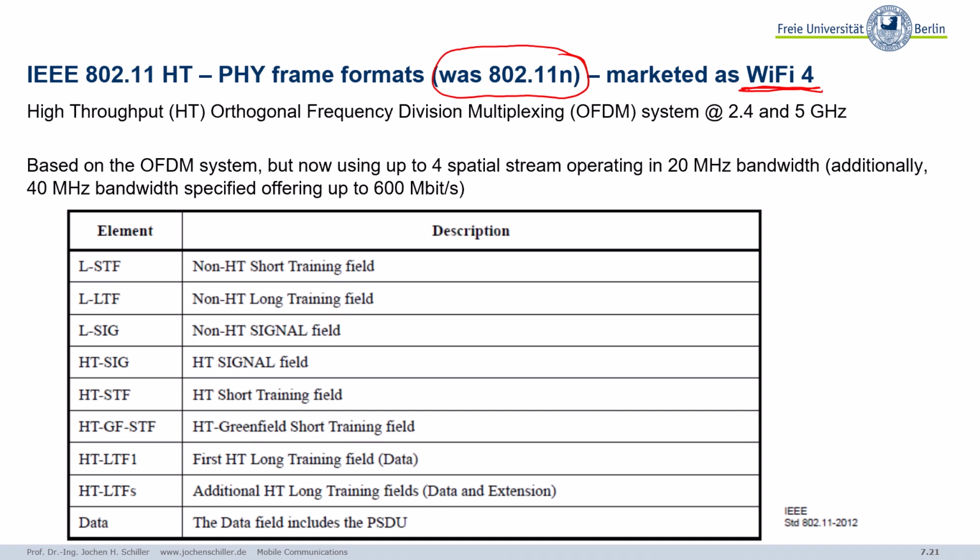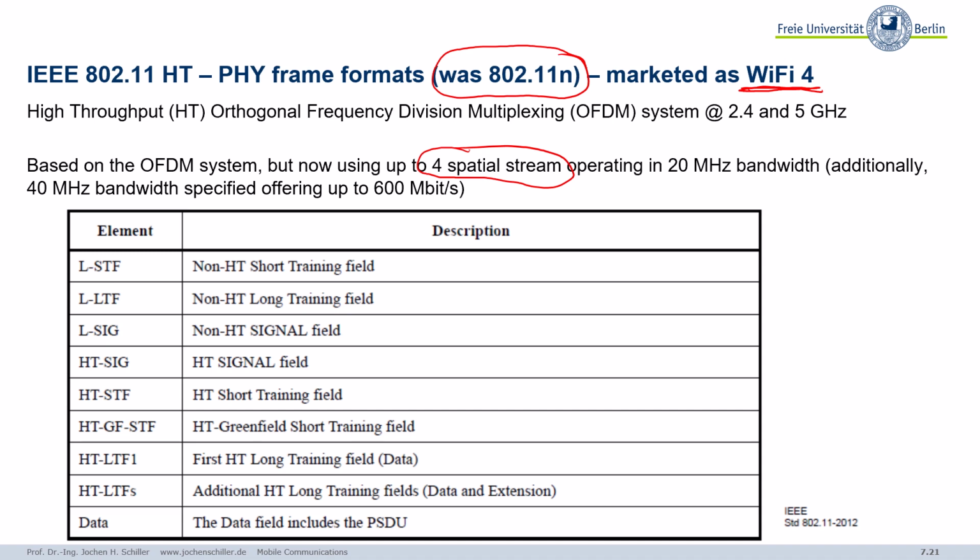That's fully based on OFDM, but now we can have different so-called spatial streams. We can separate in space division multiplexing, operating at certain bandwidths, 20 or 40 megahertz. And this offers up to something like 600 megabit per second.